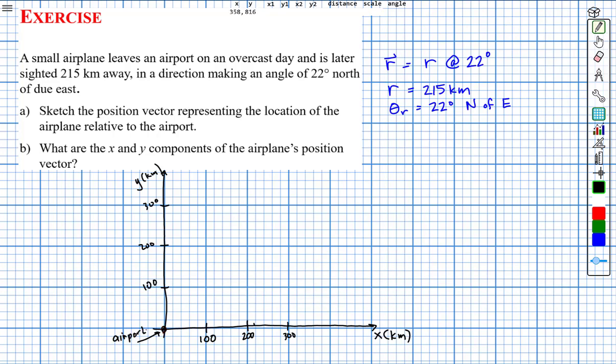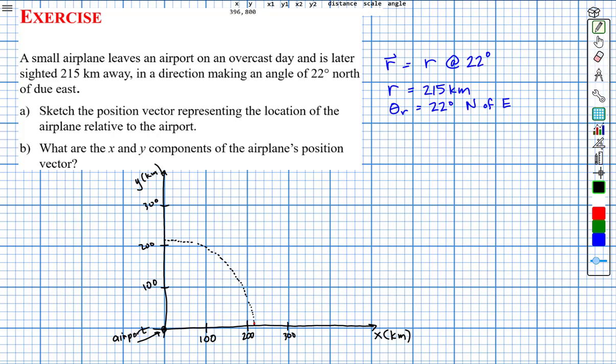So in imagining what 215 kilometers would be according to this scale, I'm going to try my best to do a quarter of a circle. And this quarter of a circle has a radius of 215 kilometers. And this quarter of a circle is only to help me come up with a rough sketch of where I need to place my vector.